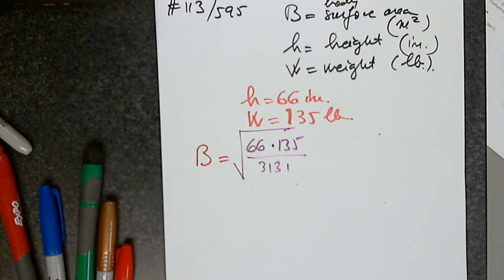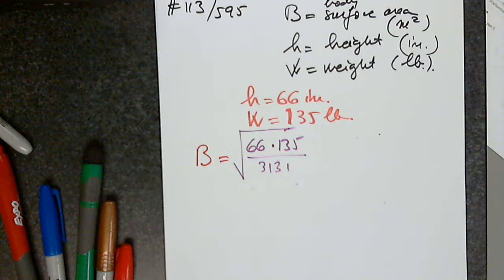Be very careful how you put it in. I would put parentheses, because otherwise the calculator could do who knows what. So I would put parentheses, multiply 66 by 135, divided by 3131, close the parenthesis and press enter.